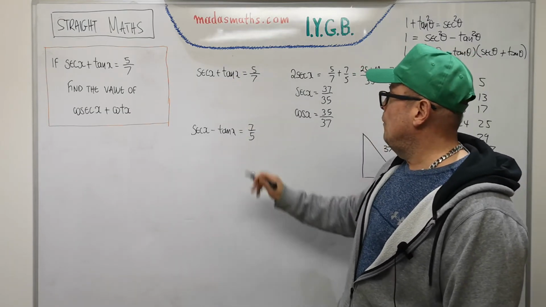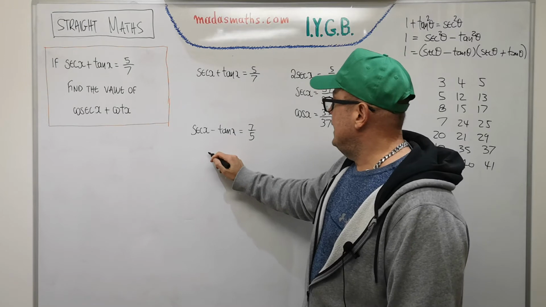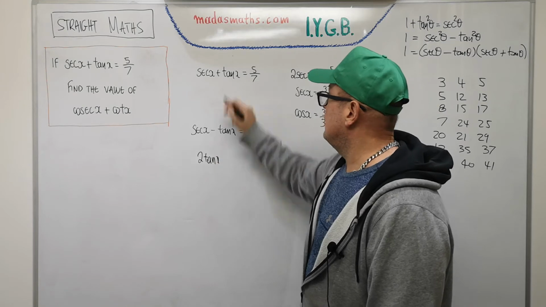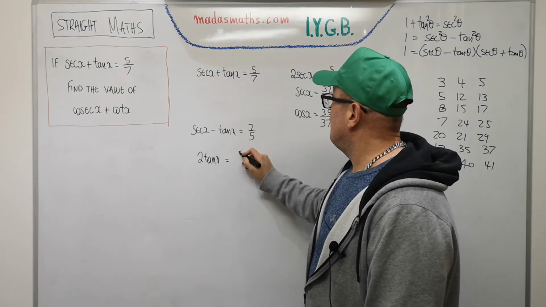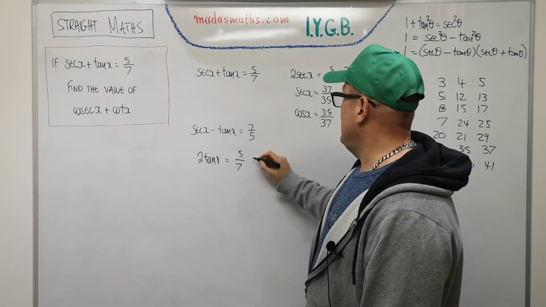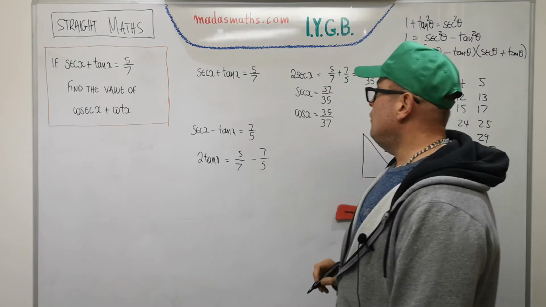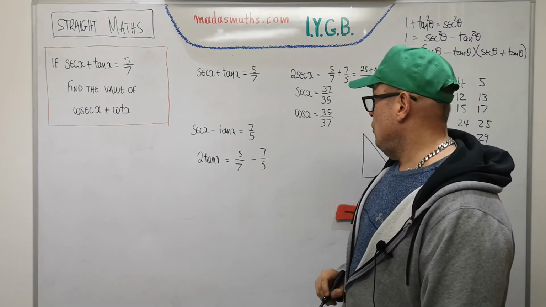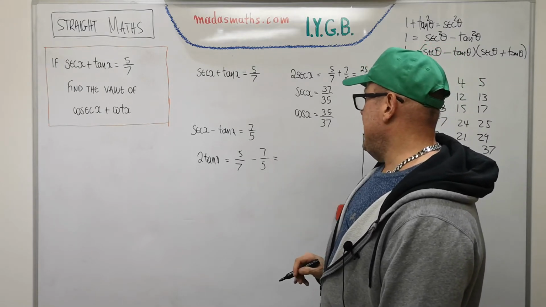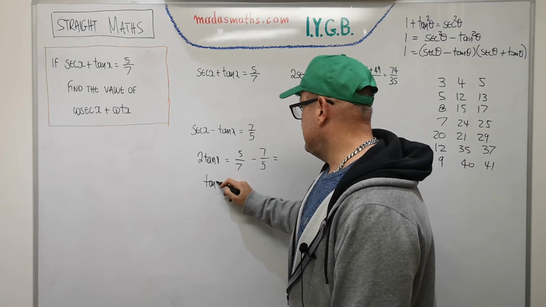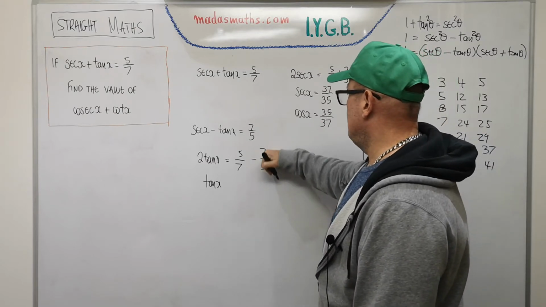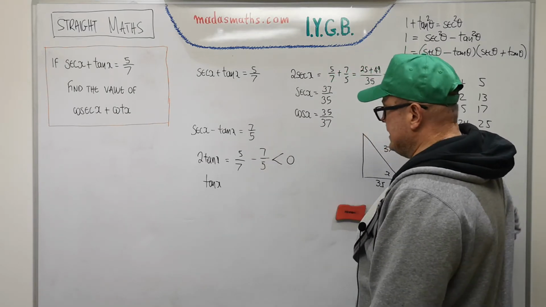If I subtract them now, 2 tan of x is equal to 5/7 minus 7 over 5. So I'm going to get a negative number. The tan of x in this case, it doesn't really matter what it is, is of course less than 0.